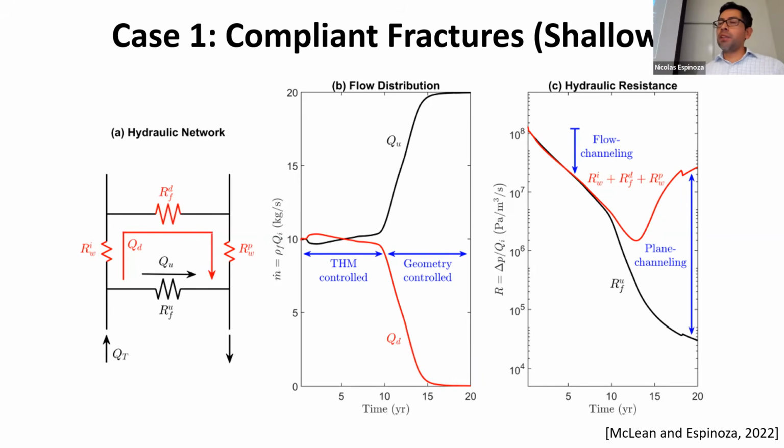At the end of the day, most of the fluid is going to the upstream fracture and nothing goes to the downstream fracture. The severe short circuiting, as you can see in the image, starts more or less after 10 years. So at the beginning, it's okay, but after 10 years, the performance of this enhanced geothermal system is not as good as it was at the beginning.